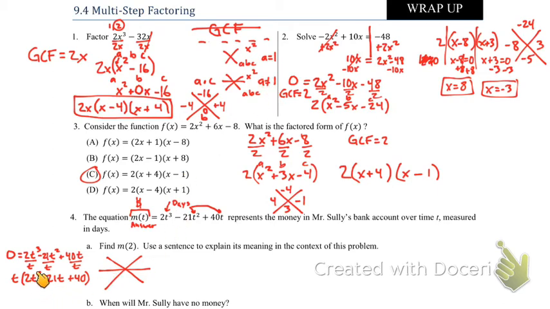So look at the number in front of your t squared, it's 2. So we do it the same way. What's 2 times 40, or a times c? It's 80. Okay. And our b value is negative 21.